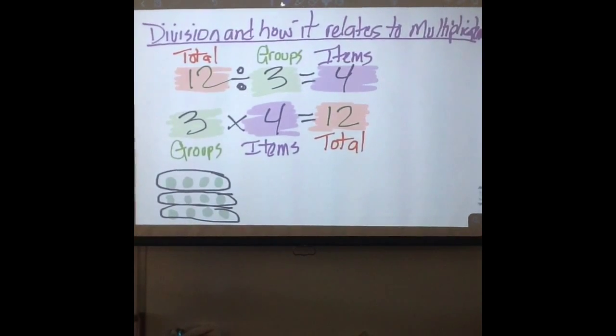So now if I was going to write this problem out, I could write it out like this. And what would go on the inside of the house? The 12, the total, right? The first number goes on the inside of the house. And then the second number would be this. Now let's see if we can get our answer.